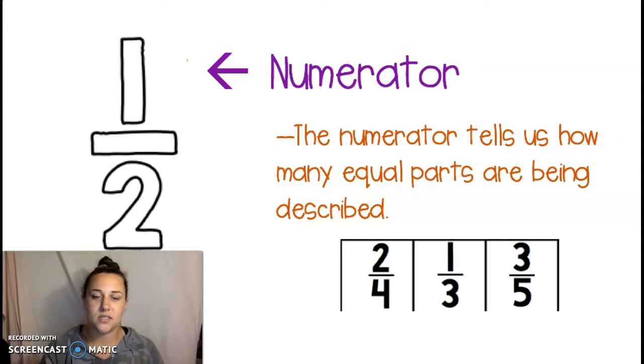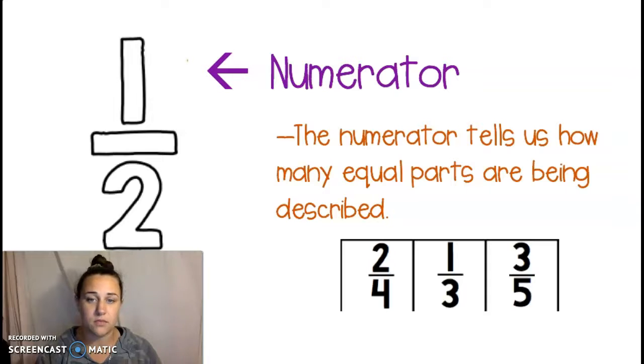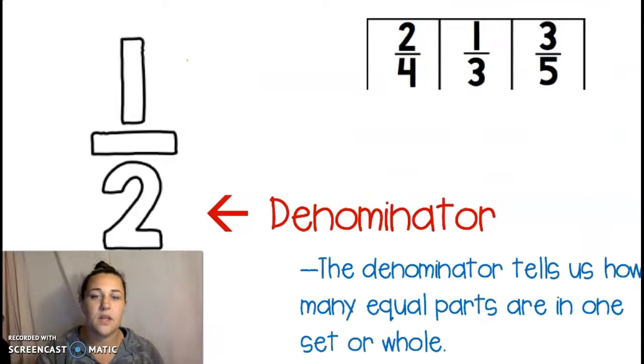That's how many parts they are talking about, okay? 1 out of 2, 2 out of 4, 1 out of 3, 3 out of 5, right? Then we have our denominator, which is down under the fraction line. The denominator tells us how many equal parts are in one set or whole. So how many all together, basically.